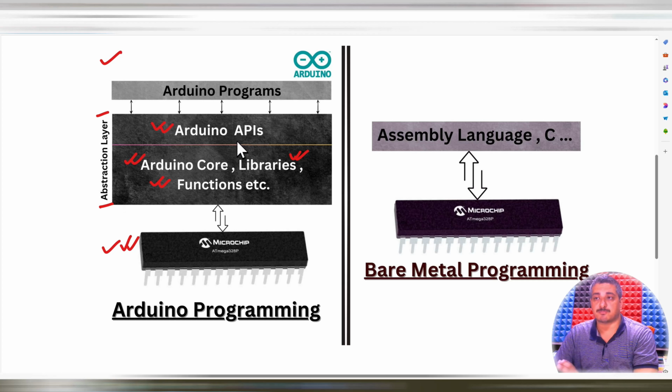APIs stands for Application Programming Interface. These are nothing but kind of functions which are given to the programmer. So programmer actually dwells in this layer. This programmer, they write programs with the help of these API functions.